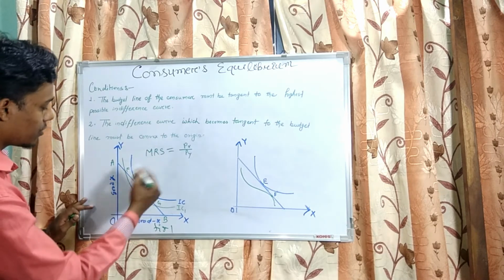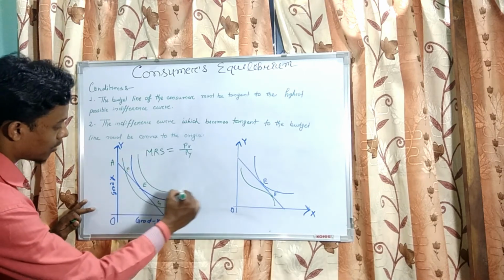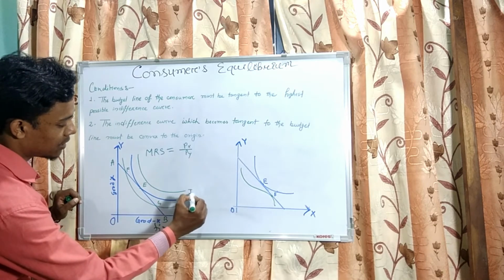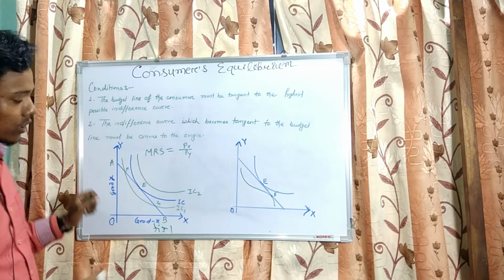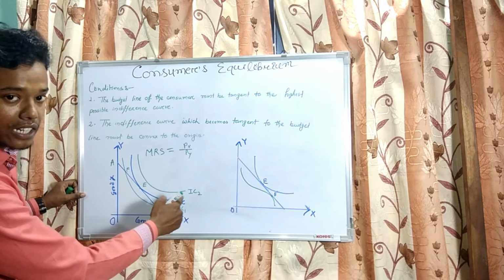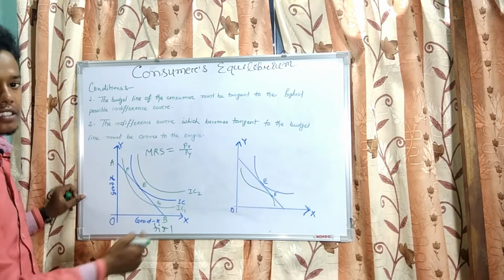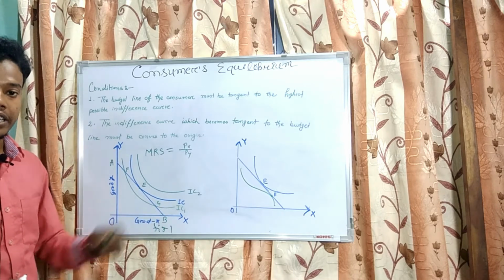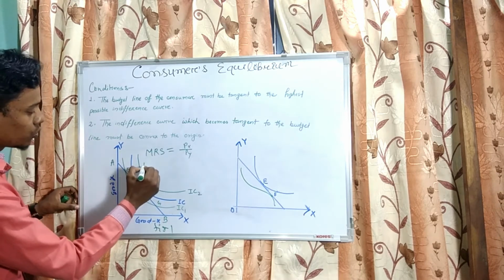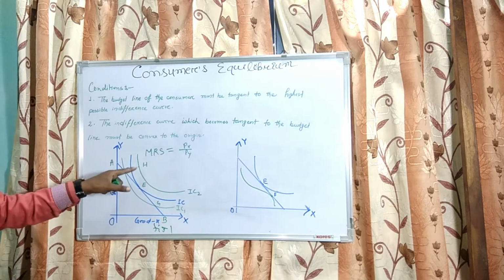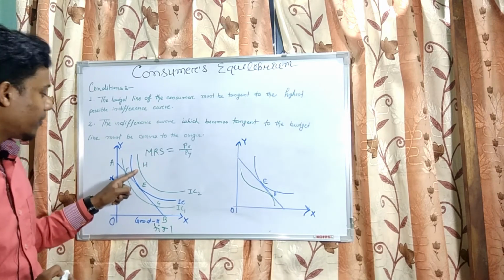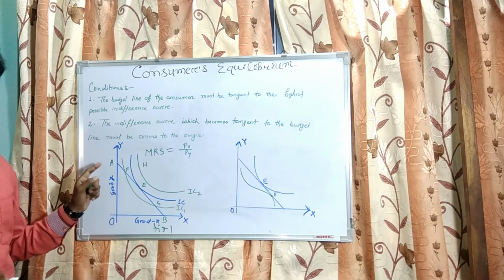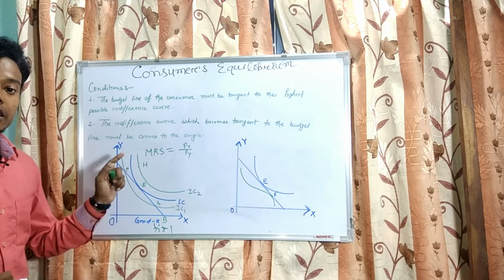Now suppose there is another indifference curve which is higher than the equilibrium position, suppose it is IC2. It means that the IC2 curve is higher than the initial equilibrium indifference curve, that is IC. Suppose the consumer wants to attain equilibrium at point A, he cannot attain it at this point, because his budget line or his income level does not permit that.